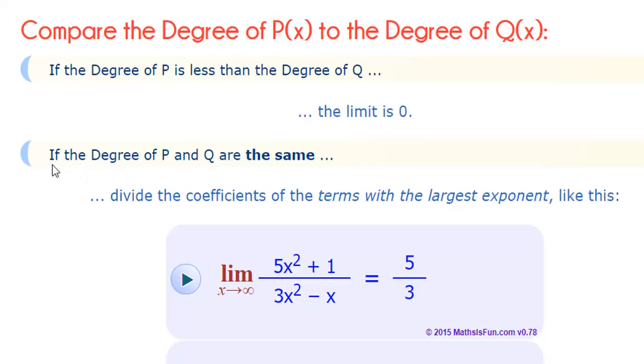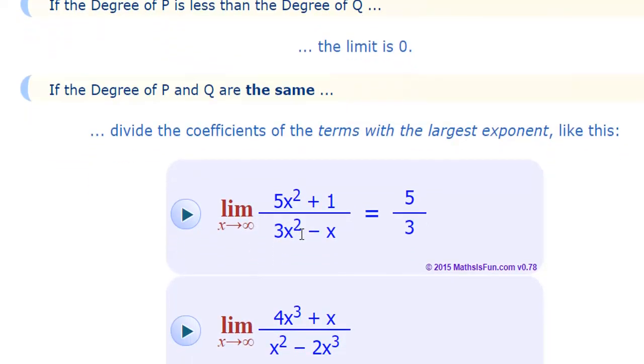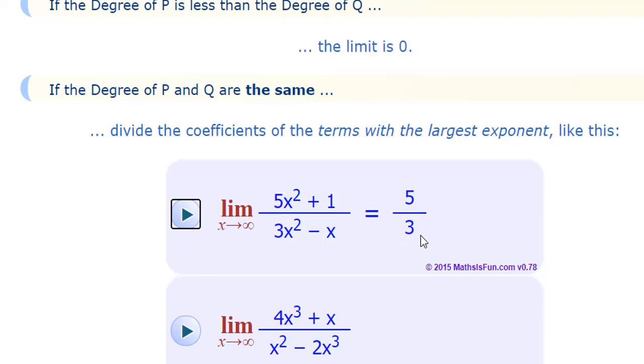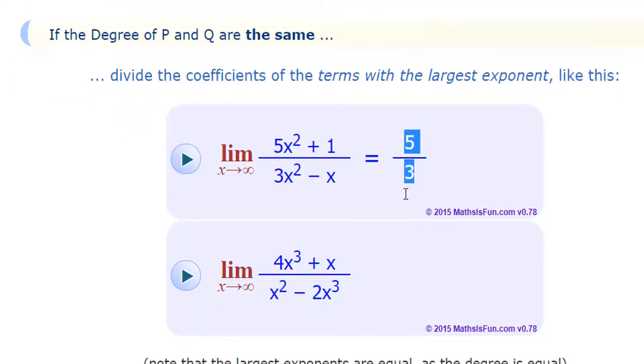On the other hand, if the degree of p and q are the same, meaning parehas sila og degree ang numerator og denominator, we divide the coefficients of the terms with the largest exponent. So in this case, kani nga example, ang largest exponent is 2 and the coefficient is 5 over 3. Therefore, 5 over 3 is our limit as x approaches infinity.